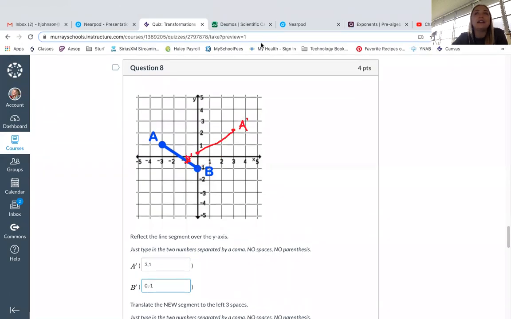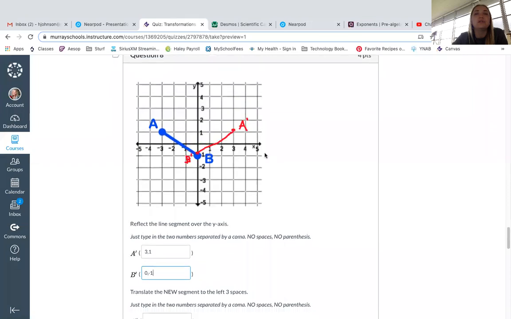All right, the next piece says translate the new segment to the left 3 spaces. So as I go to the left 3 spaces here, 1, 2, 3, draw a dot, and that is A double prime. 1, 2, 3, draw a dot, and that is B double prime.